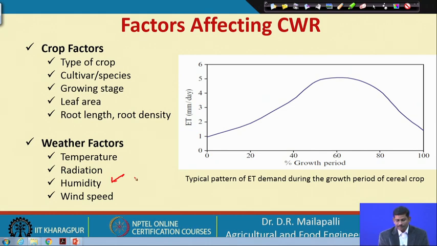This graph clearly shows a typical pattern of ET demand during the growth period of a cereal crop. Initially ET demand is less, then ET demand increases, and then it declines at the end of the season. This is similar to human beings.